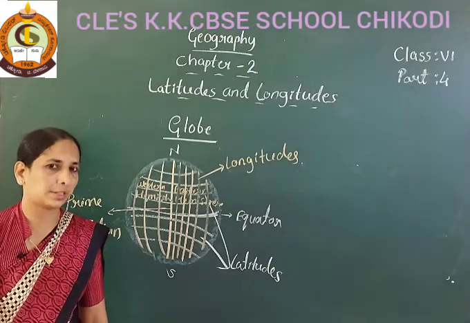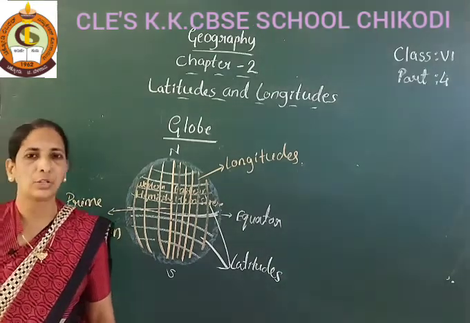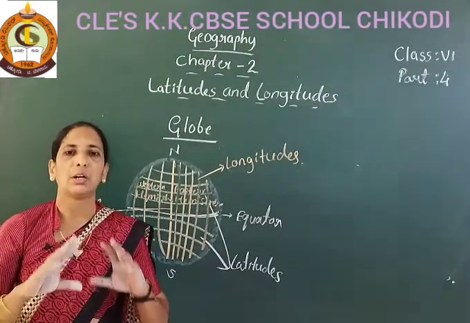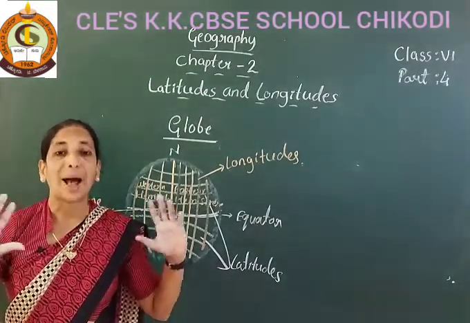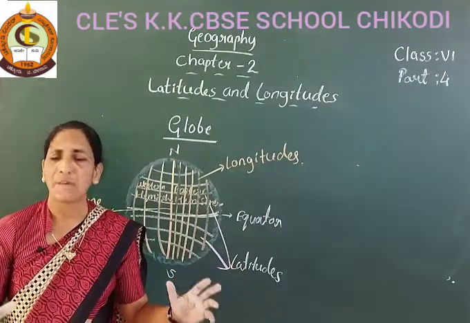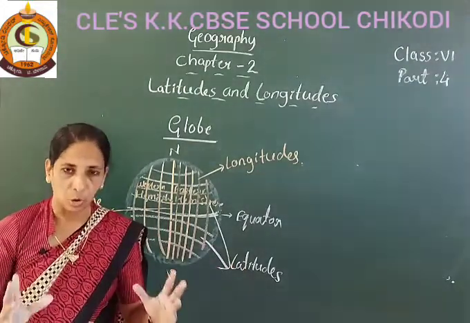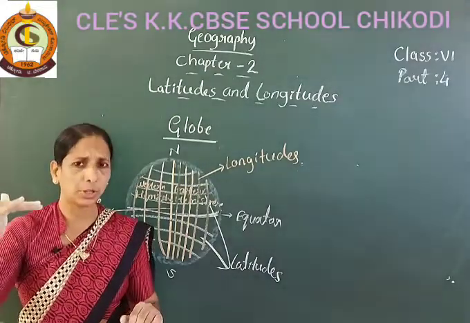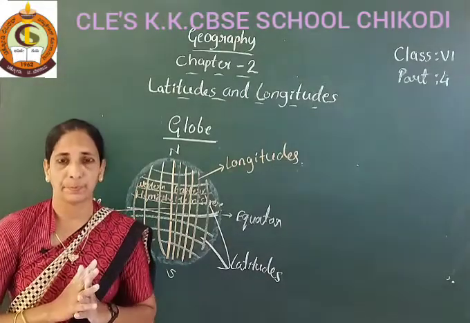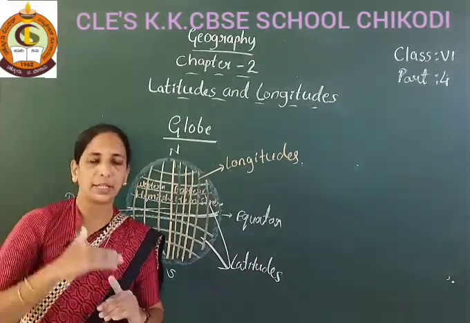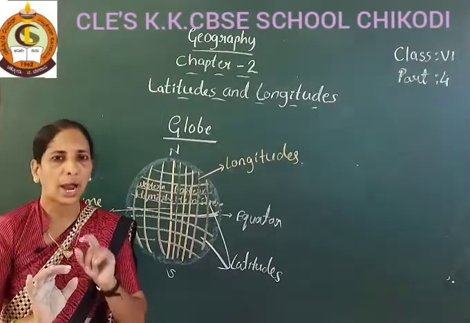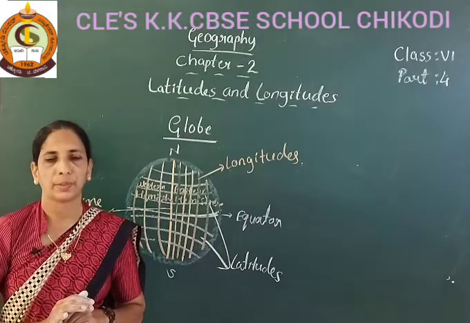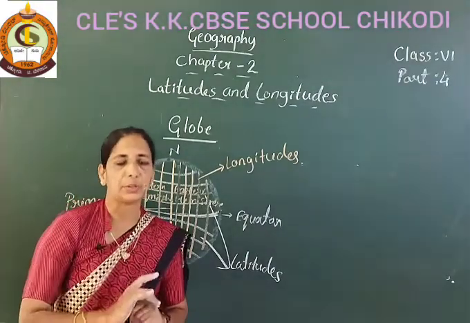Afterwards some astronomers and scientists found that the earth is spherical in shape, because the topmost part and the bottom part of the earth are flattened. The topmost part is the North Pole, and the opposite bottommost part is the South Pole.